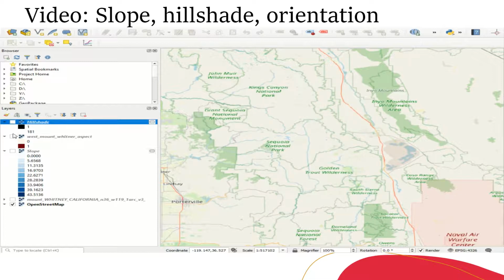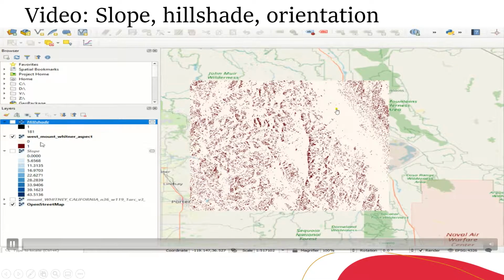And also we get the western face of the slope, meaning that the darkest red that we see in this layer has the highest risk of wildfire because of the position of the slope and the incidence of solar radiation. Okay, so this is something that we are going to learn how to calculate in this course, and it is very important to understand this type of theory.